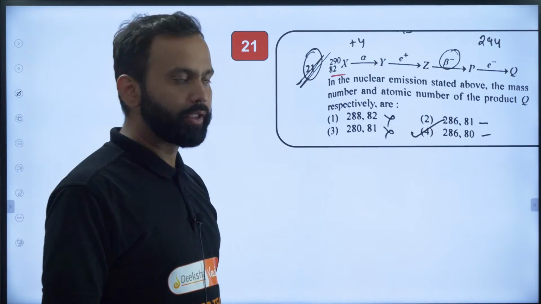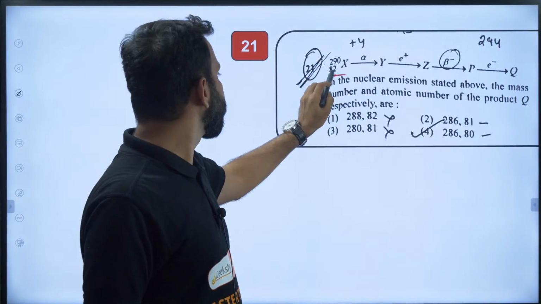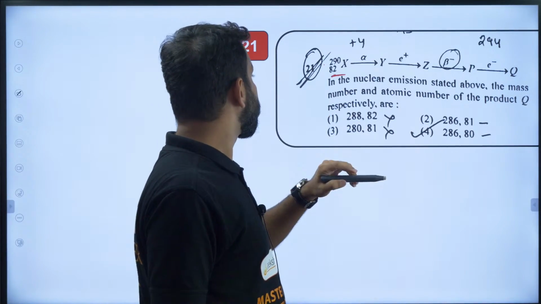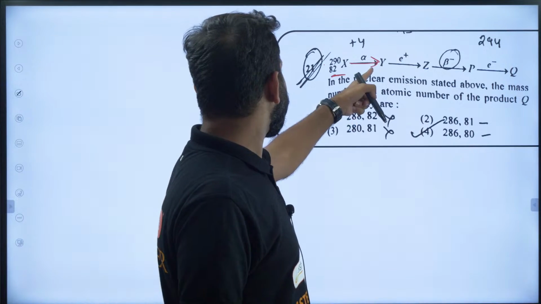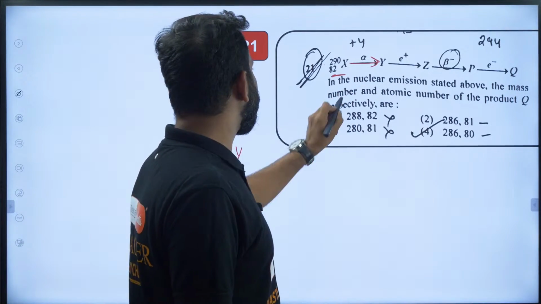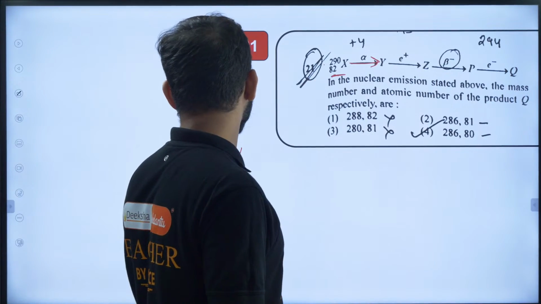So they have given one nucleus with mass number 290 and atomic number 82. Now it undergoes alpha decay. Now here the mass number is 286 and then 80.